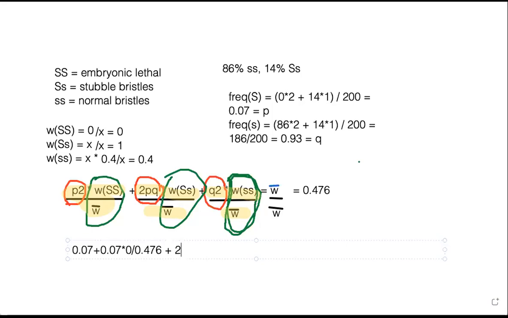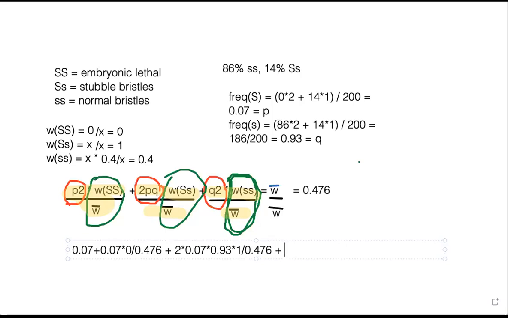And then the second term is going to be 2 times 0.07 times 0.93 times 1 divided by 0.476.